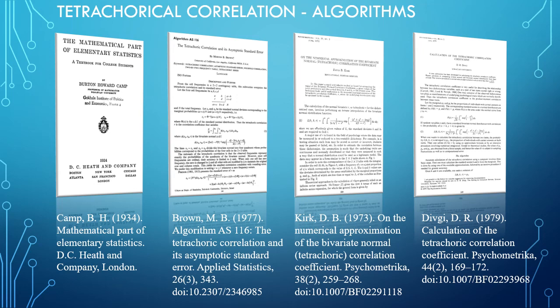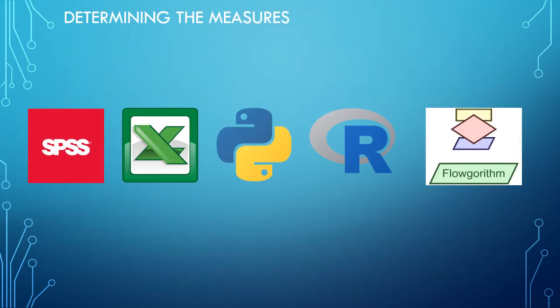I've made some software packages where I try to incorporate these, so if you're interested in that, they're available on the website. That goes for all the measures. On the website I have an Excel file, a Python script, an R script, and flowcharts that show for all the measures how they can be obtained, with some examples.